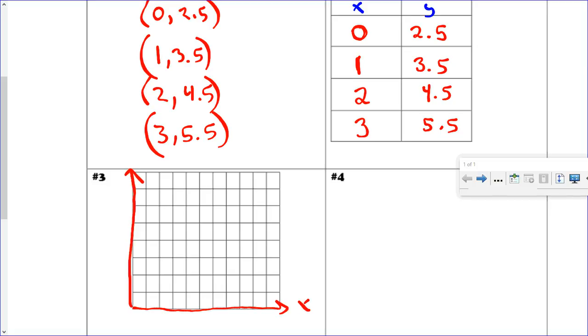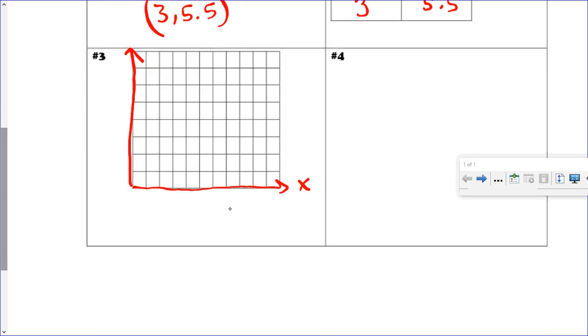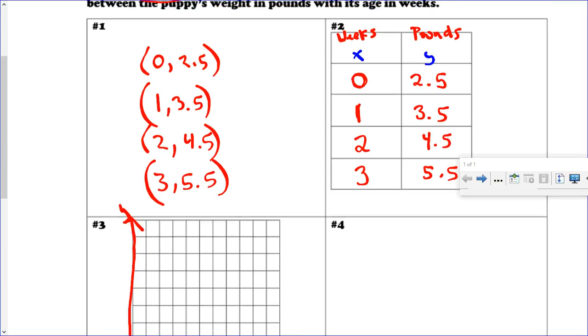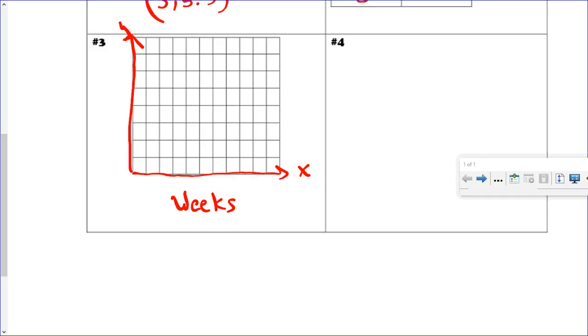On my x-axis, what information do I have in my table? Well, those are going to be weeks. Usually time goes down here at the bottom. So I'm going to write weeks. And then up and down on the y-axis, that's going to be my pounds. So I'll keep track of my pounds. I'll just write pounds here.